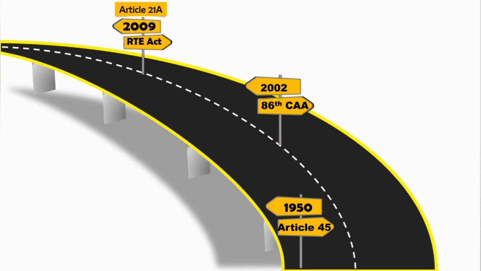So this was an overall history in the field of education till the arrival of Right to Education Act. It was important to understand the history so that you would know how and why Right to Education Act was brought into the scene. Now let's talk about Right to Education Act of 2009 in detail.